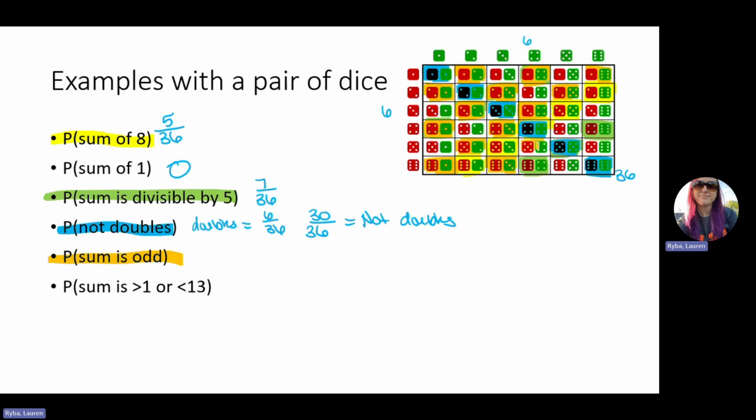Skip that one, and then I do this diagonal, and then I do this one. So let's see, 1, 2, 3, 4, 5, 6, 7, 8, 9, 10, 11, 12, 13, 14, 15, 16, 17, 18. So 18 out of 36, which is a half. And that should make sense, right? Half of the numbers we're working with are odd, half of the numbers we're working with are even. So when we add them together, half are odd, half are even.